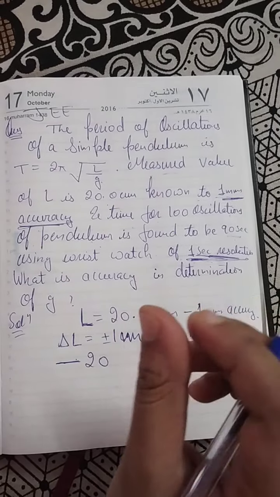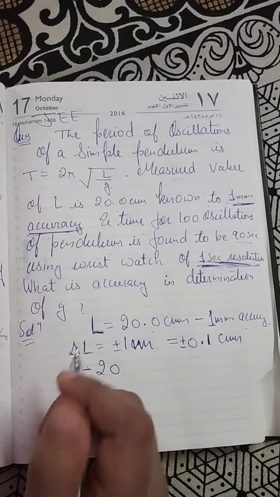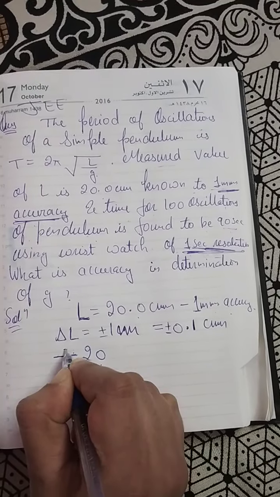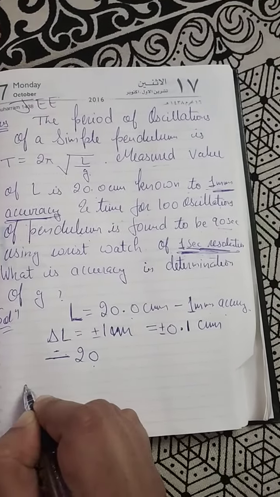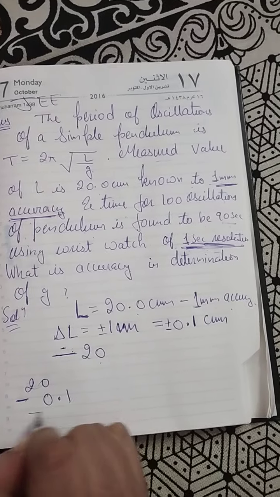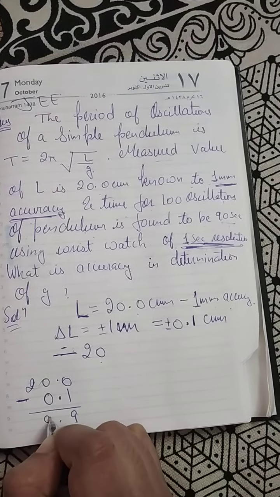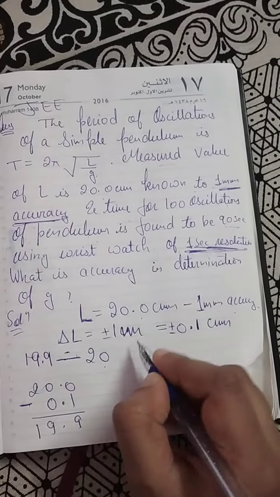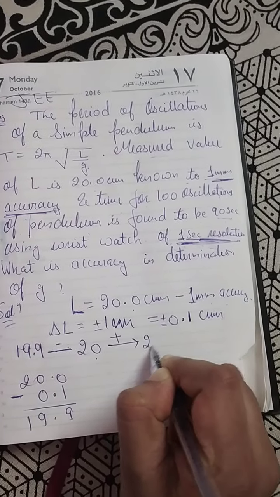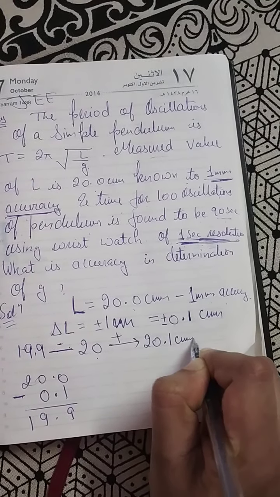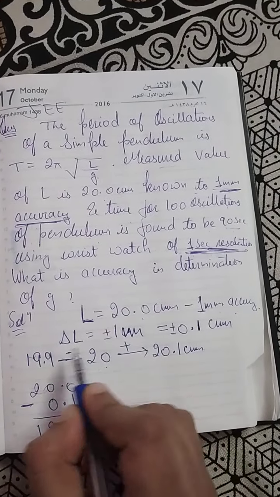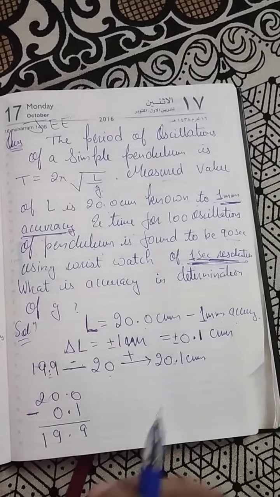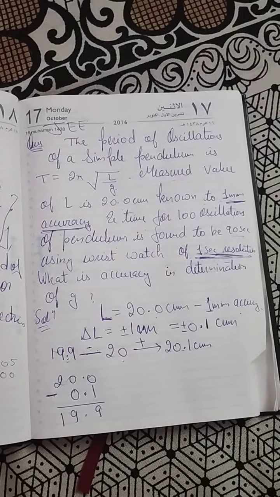And why they have used the term accuracy, I'll tell you in short. Just watch the video carefully. So 20, if you subtract 0.1, 20 minus 0.1 gives 19.9 centimeter. All are in centimeter. And if you add it, it will give you 20.1 centimeter, correct? So students, carefully look how close these values are to your actual value, that is the measured value or true value, which we already discussed in our error concept.